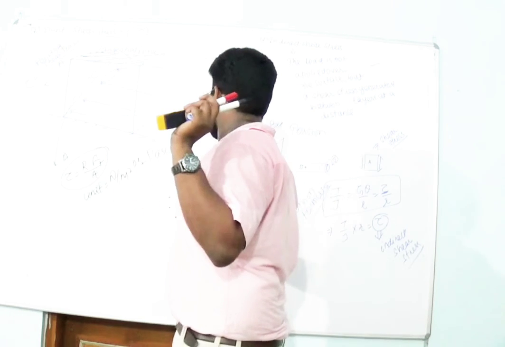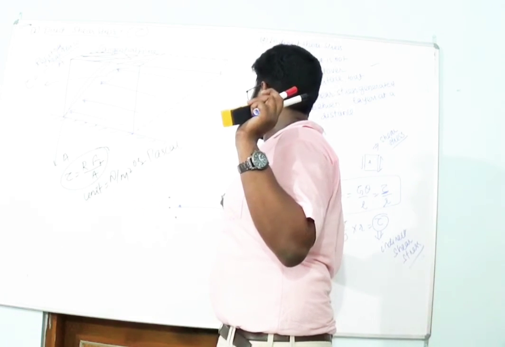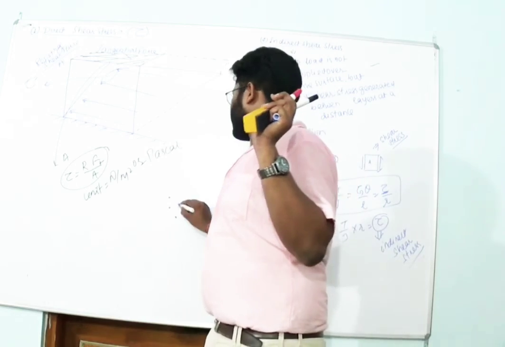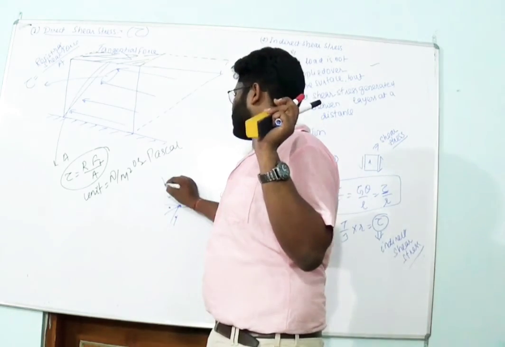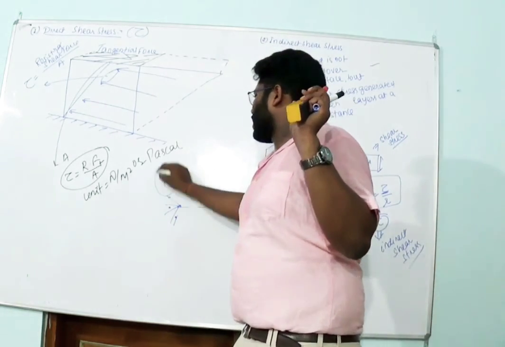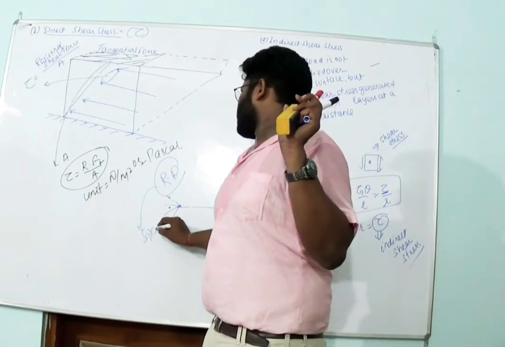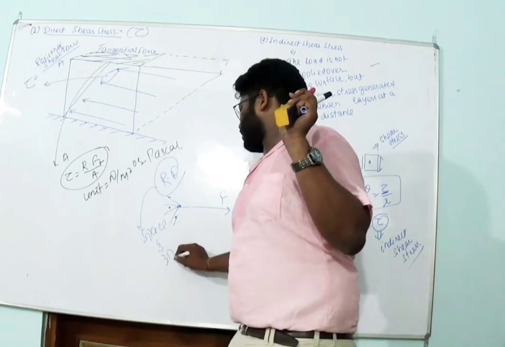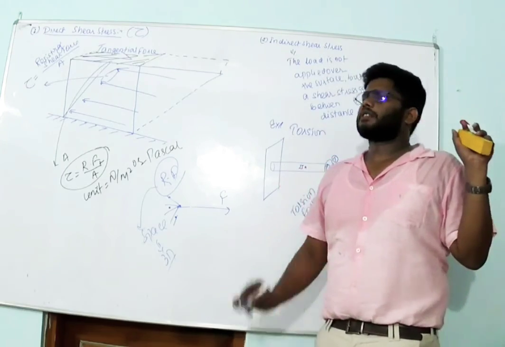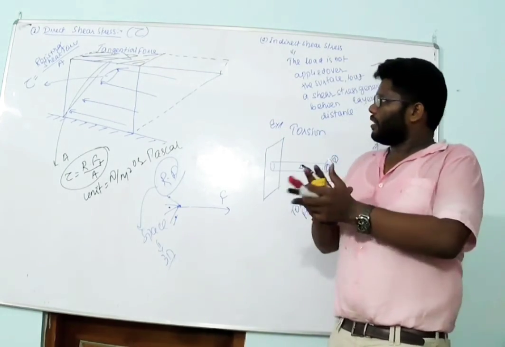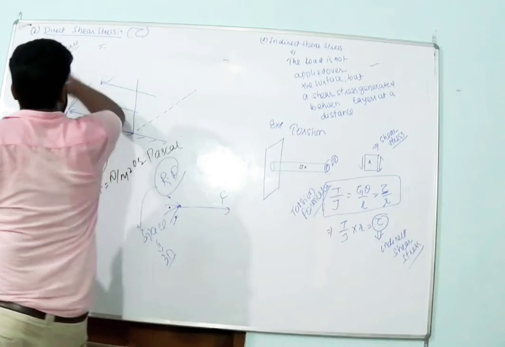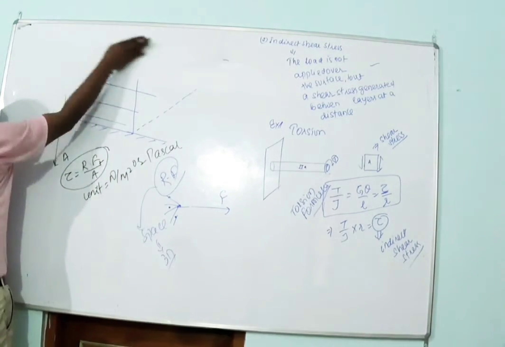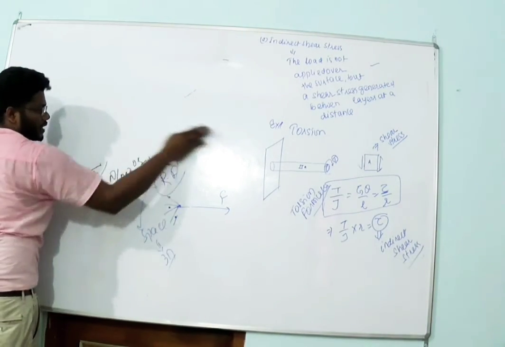Whatever resistance you give to a force of F here, this is the resisting force. That means this resistance is not from a particular direction. This is from the space. Space means a three-dimensional object or three-dimensional space. That means more than one direction. That means stress is not a scalar quantity. Stress is not a vector quantity. Stress is a tensor quantity.